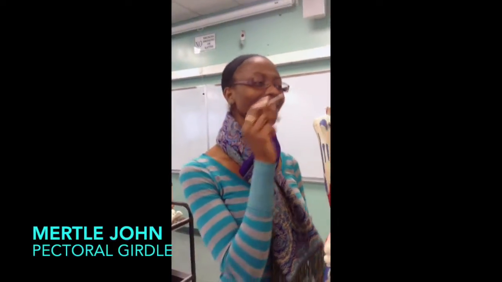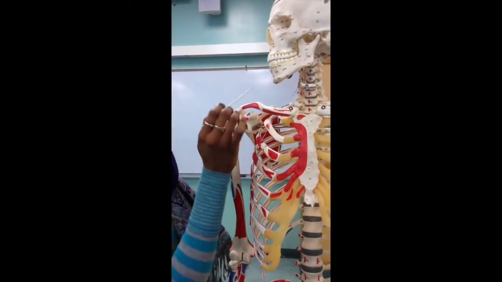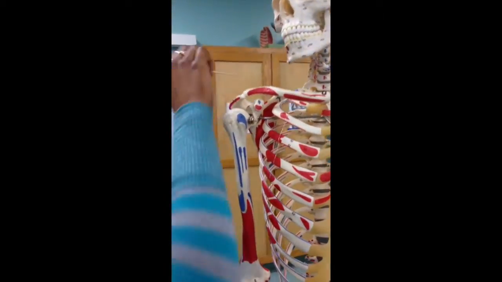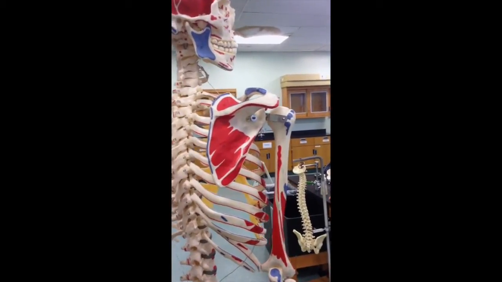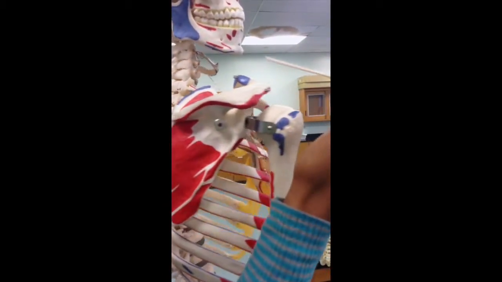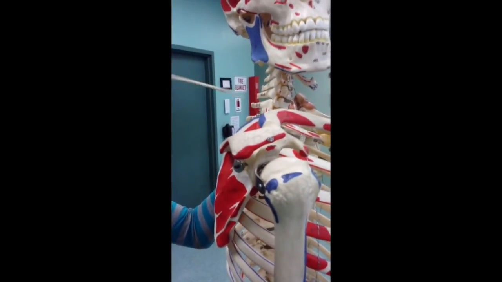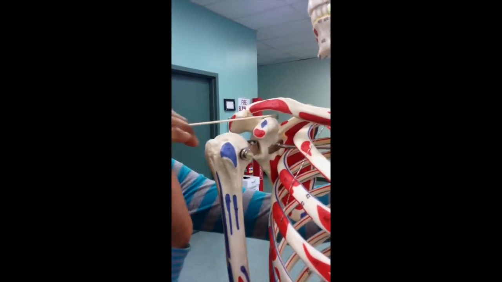Hi, I'm Myrtle, and I'm doing the pectoral girdle. This is the pectoral girdle, and it consists of the clavicle, aka the collarbone, and the scapula in the back. And the scapula is made up of the spine, the acromion, it's this part right here that connects to the clavicle, and the coracoid process, which is in the front right here.